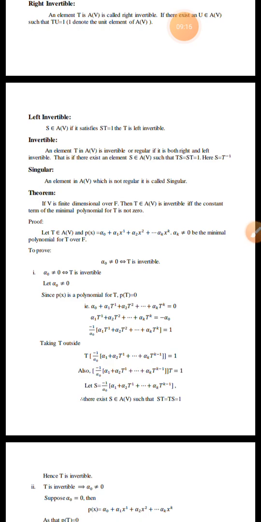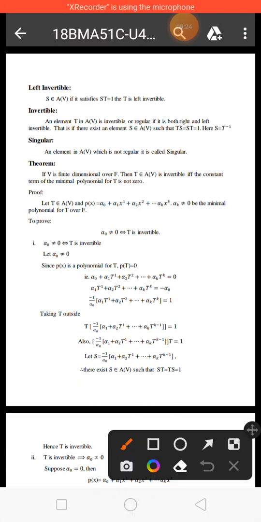And singular: an element in A(V) which is not regular is called singular. If V is a finite dimensional vector space over F, then T belonging to A(V) is invertible if the constant term of the minimal polynomial for T is not 0.